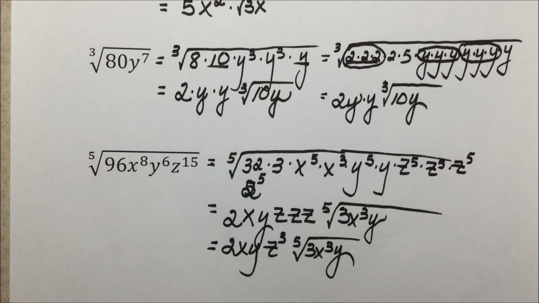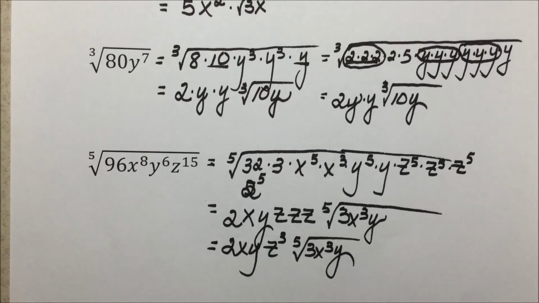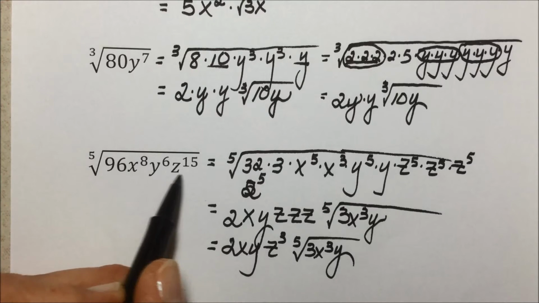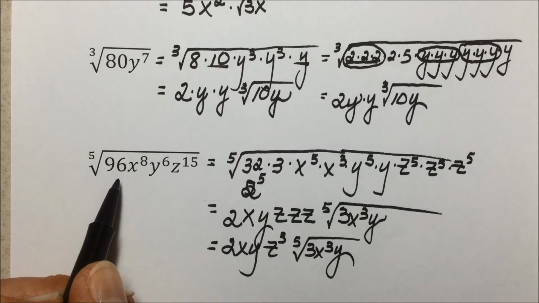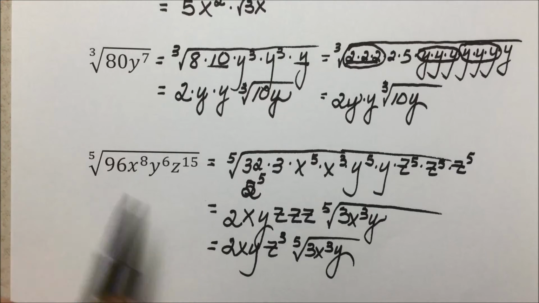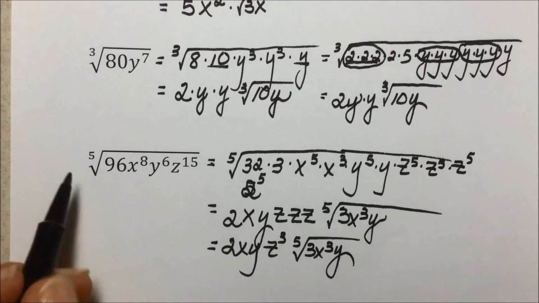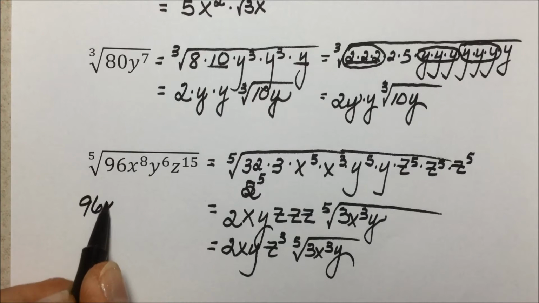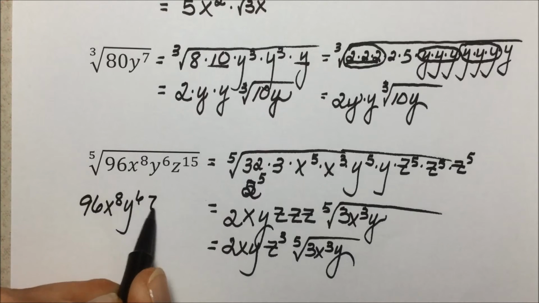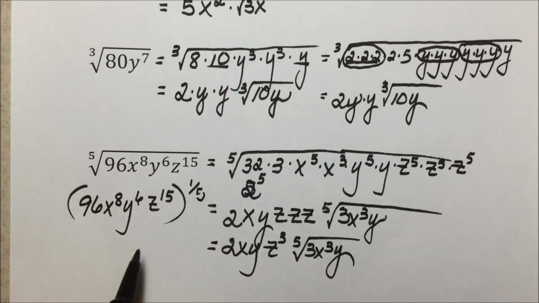Now, we can convert these radical forms into rational exponents and try to do this mentally. If you're noticing what's happening here and using the conversion to a rational exponent, I'm going to ignore the number right now, but looking at just the variables as a shortcut, this is 96 x to the 8th, y to the 6th, z to the 15th, this whole quantity is to the 1/5 power.